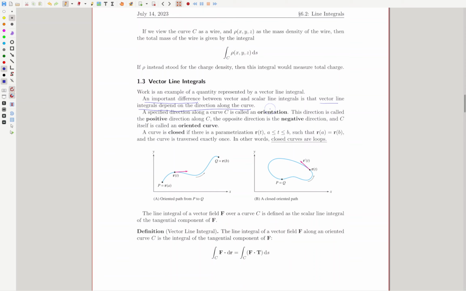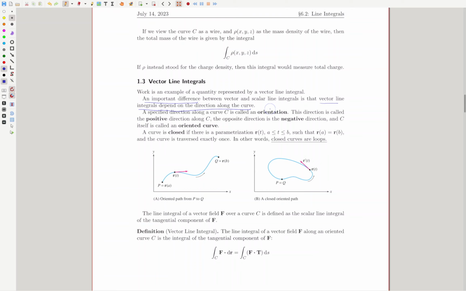A curve is oriented if it has an orientation, that is a prescribed direction that you would traverse the curve in. If your parameterization matches this curve's orientation, then we call that traversing it in the positive direction, whereas if we oppose the curve's orientation, then we're going in the negative direction.